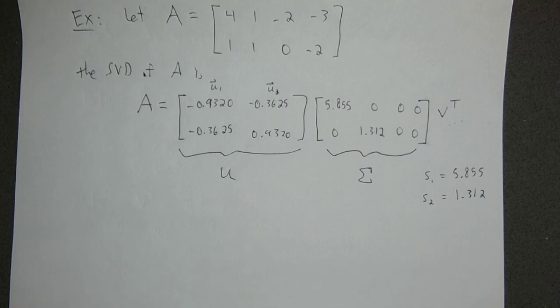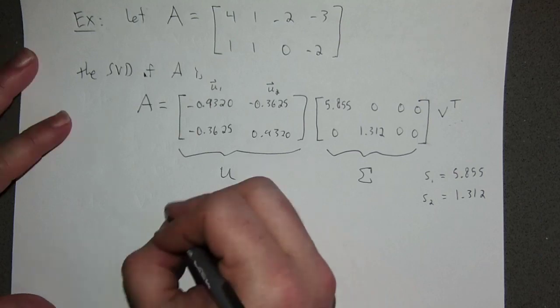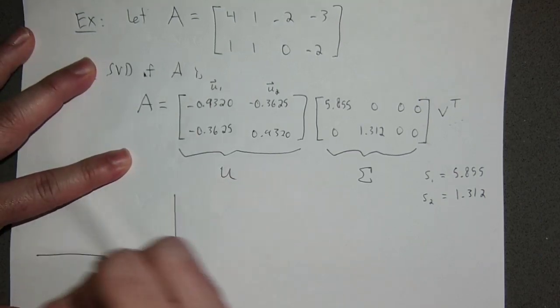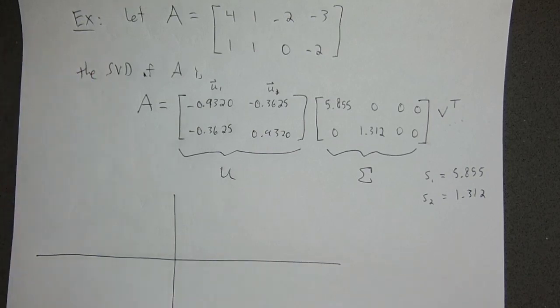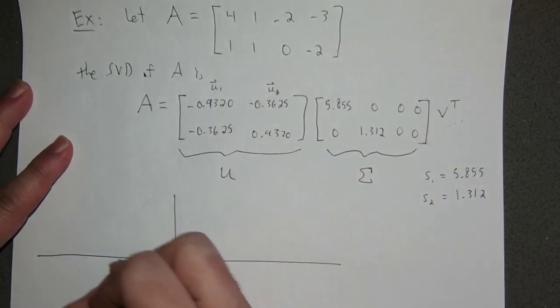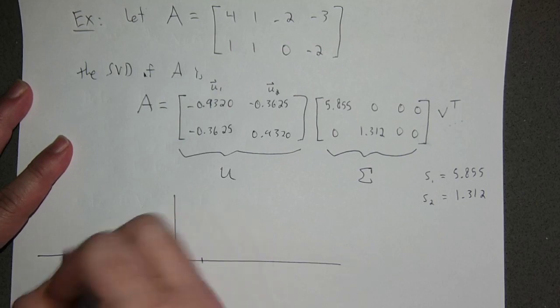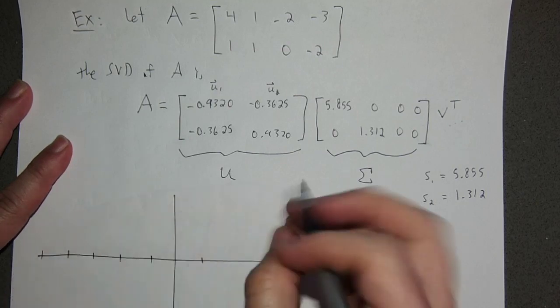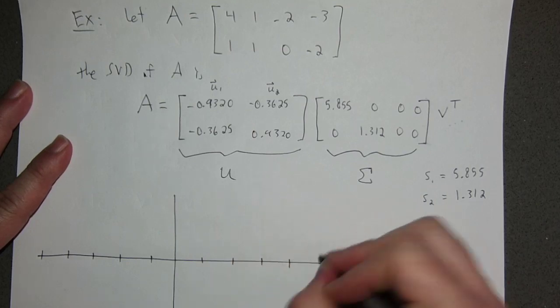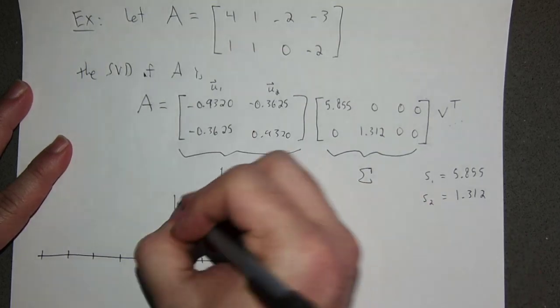So what do I want to do? I want to draw a nice picture. If I actually plot these points, let me make some hash marks here. Maybe I'm really bad at making equidistant hash marks.